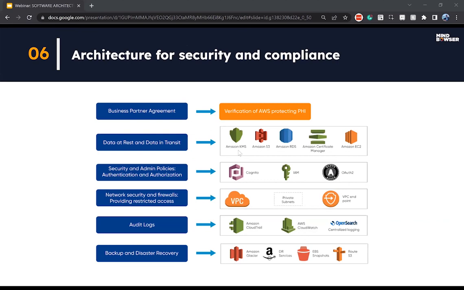For example, here, the data: we spoke about data at rest and in transit. So what are the services that AWS offers? And just for the audience's sake, all these services are related to AWS, but you can find similar services in Google, like GCP, or Azure. They just have different names, but they serve the same purpose. So Kiran, why don't you quickly provide us high-level thoughts about each of these?